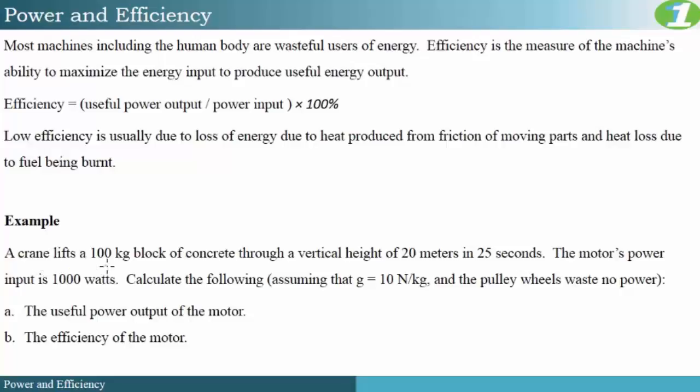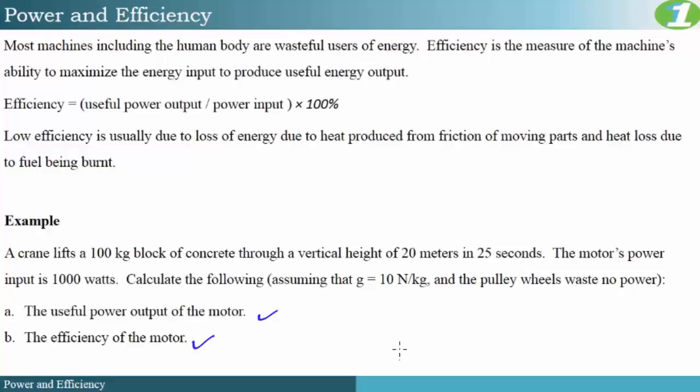A crane lifts a 100 kilogram block of concrete through a vertical height of 20 meters in 25 seconds. The motor's power input is 1000 watts. Calculate the following, assuming g equals 10 newtons per kilogram and the pulley wheels waste no power. Here we want to calculate the useful power output of the motor and the efficiency of the motor.